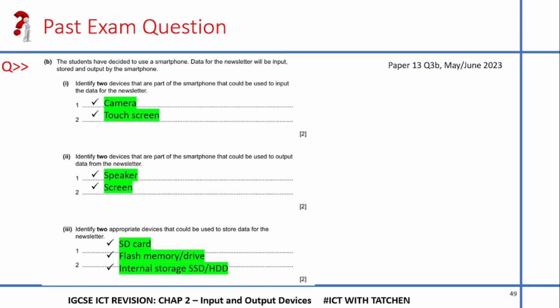Aside from that, we also have this one. Now this question is part B of a question which talks about students designing a newsletter. This part says the students have decided to use a smartphone. The data for the newsletter will be input, stored and output by the smartphone. So they are trying to create a newsletter, but they are telling us they are using a smartphone for it.